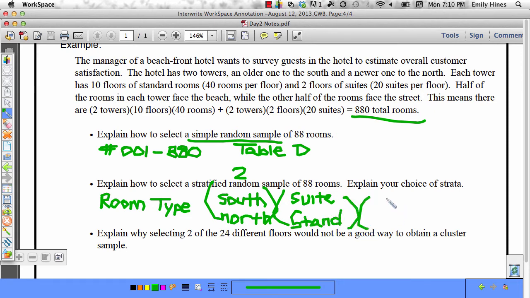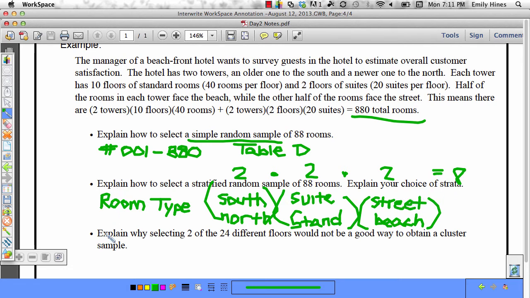And then each of those you can either face the street or the beach. And hopefully you remember from probability from previous classes that if I want to know how many different combinations there are, I multiply and I get 8. So I want to stratify by my 8 types of rooms.